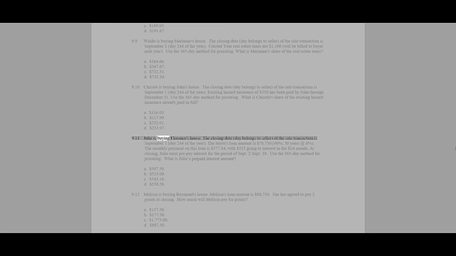9.11 Julie is buying Florence's house. The closing date, day belongs to seller, of the sale transaction is September 1st, day 244 of the year. The buyer's loan amount is $78,750, 90%, 30 years at 8%.